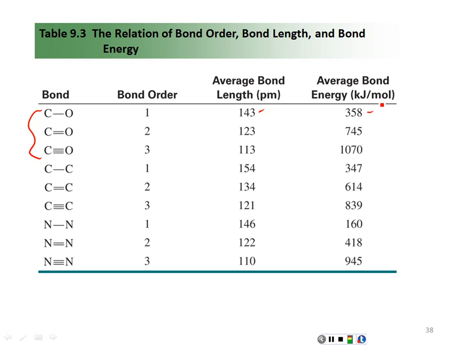Now when we increase bond order, so we go to a bond order of 2, that means it's a double bond. The bond length goes down, and the bond strength goes up. And again, bond order of 3, length goes down even further, and the strength goes up even more.